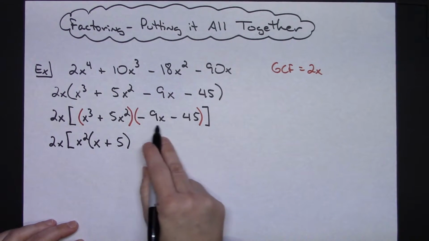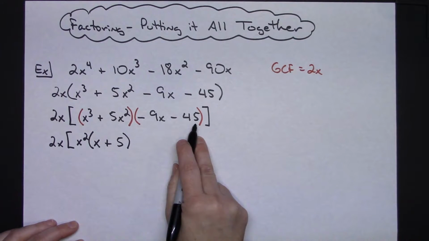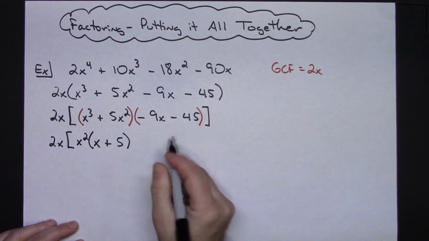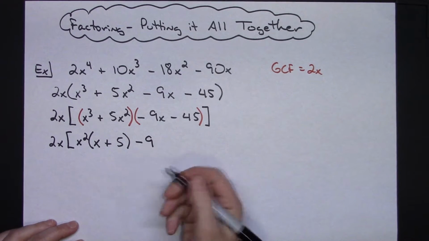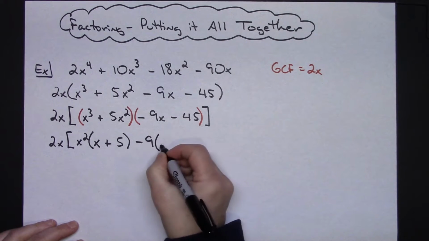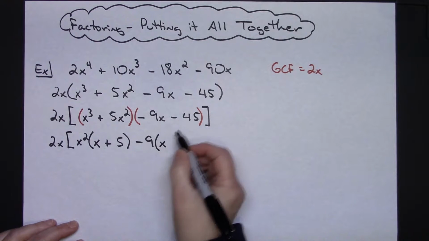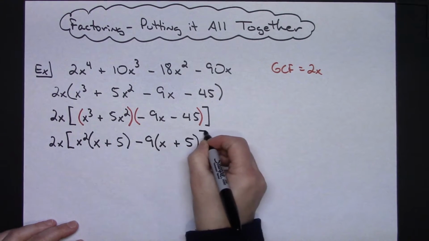Alright, now I'm going to come over here, I'm going to look at these two terms. I've got a negative 9x and a negative 45, so I'm going to factor out a negative 9 out of this. So I'm going to write it as a minus 9, negative 9, so it'll show up right there. Negative 9x, taking out that negative 9 would leave me with an x. Negative 45, taking out the negative 9 would leave me with the plus 5.